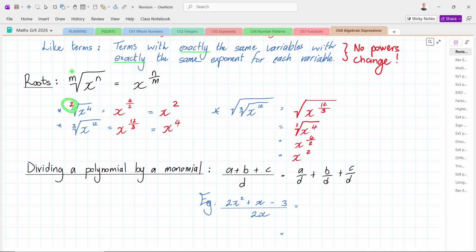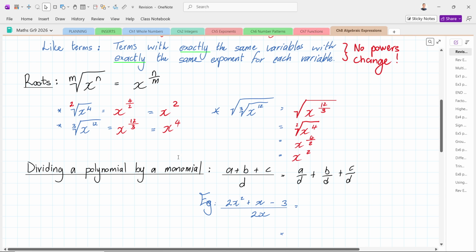The degree becomes the denominator of your exponent, and then the numerator becomes whatever power was underneath the root. If there was no power, then it would just be a 1. And even if there's multiple roots, you work from the inside out, and that's about it there.